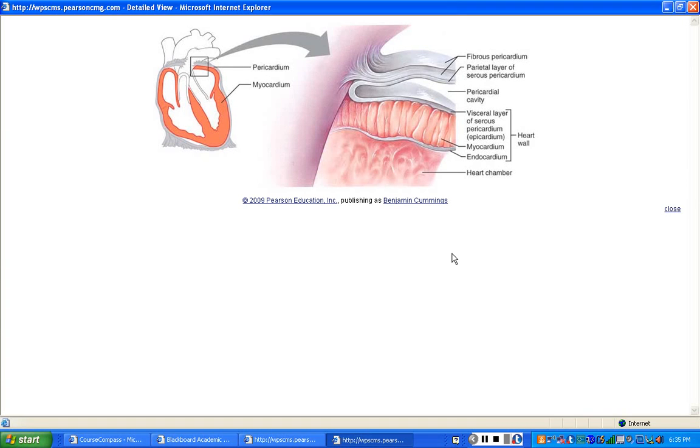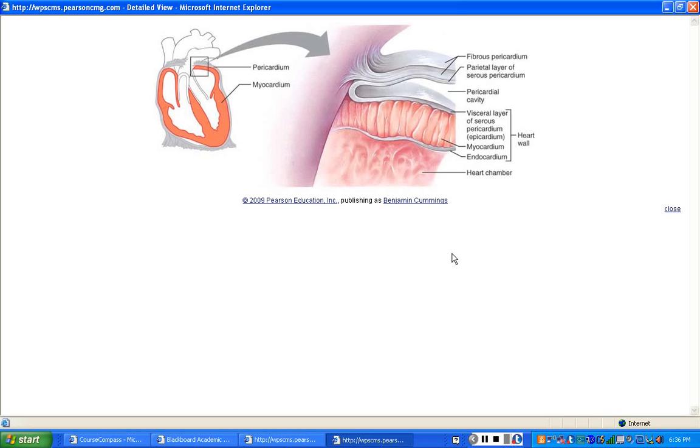Do you know what that sac's called, generic name for it? Pericardium. The layers of the heart all have the word cardium in there. We saw it in lab, but I told you weren't responsible for it there. The sac around it is generically called the pericardium. That means surrounding the heart.